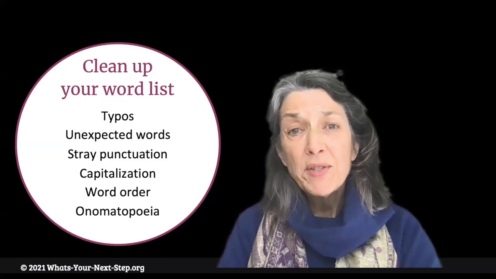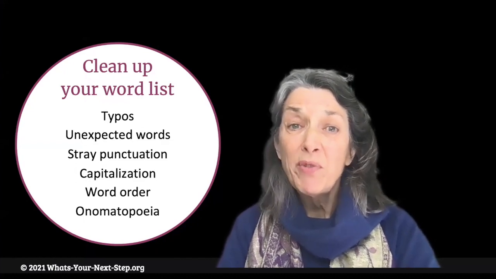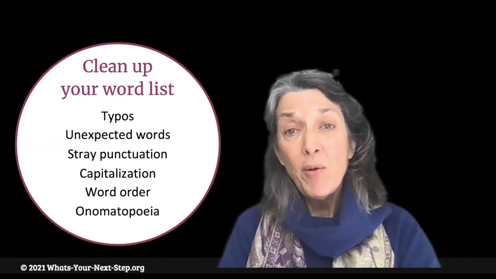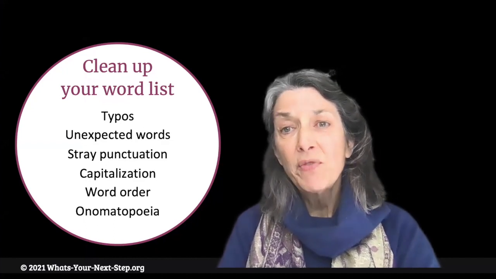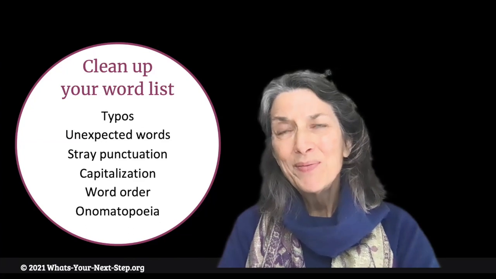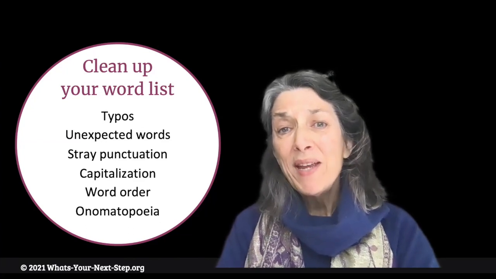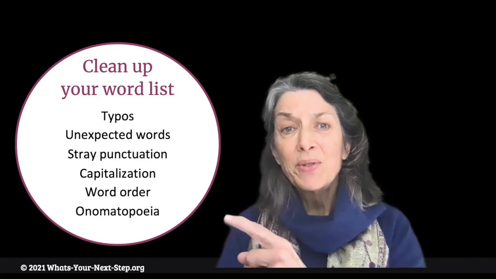You may want to focus on each item in a separate pass. For example, look for typos from A to Z, and then go back and look for unexpected words from A to Z, and so on. Or you may want to work from A to Z, thinking about each entry in terms of all 6 issues.